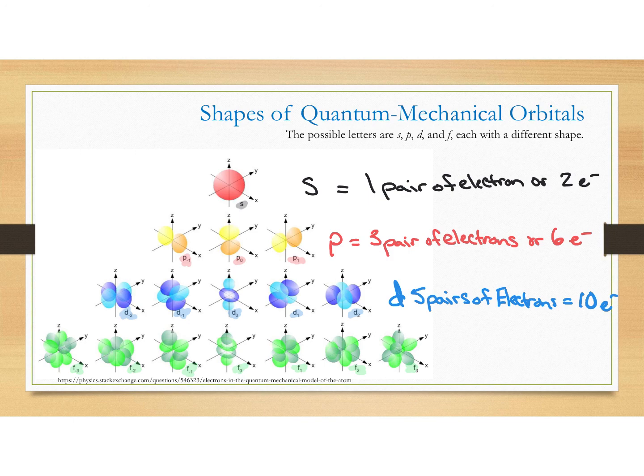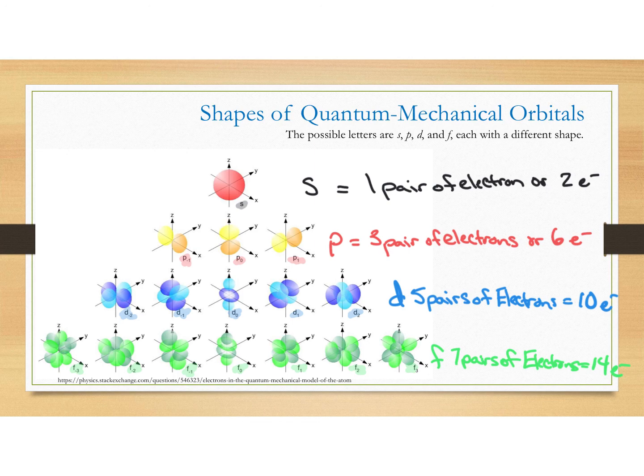And in the F subshell, I have 7 pairs of electrons, or 14 electrons. So there are 4 subshells, an S, a P, a D, and an F. The S has 1 pair of electrons. The P has 3 pairs, the D has 5, and the F has 7.